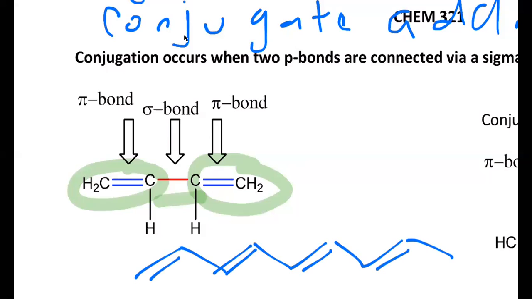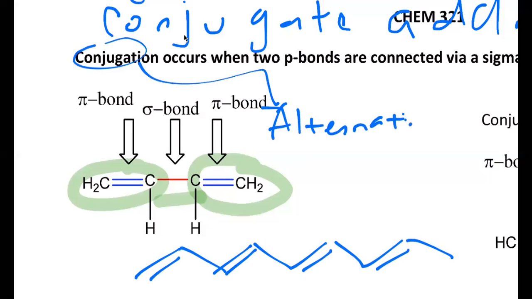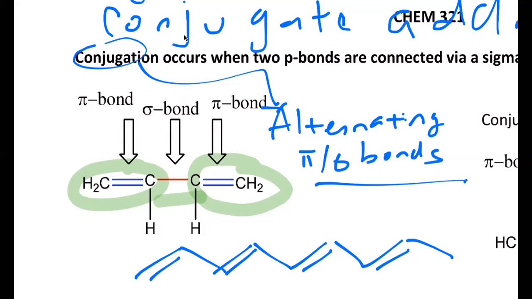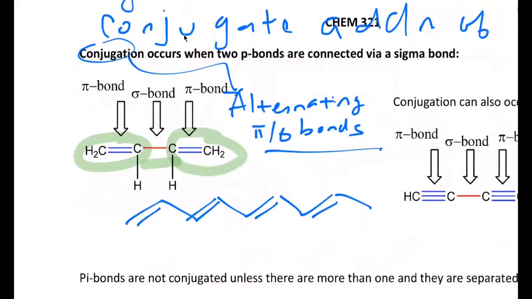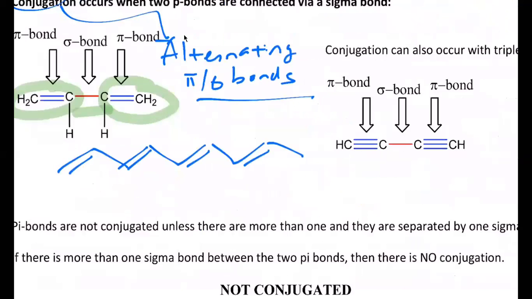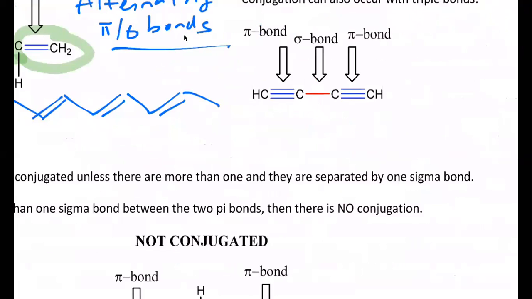So you can have extended conjugation, but as a layman definition, the definition of conjugation is alternating pi and sigma bonds. Right, I say pi and sigma because it's not limited to double bonds, right? You can also have a conjugated system that includes a triple bond, like the system that's shown here.